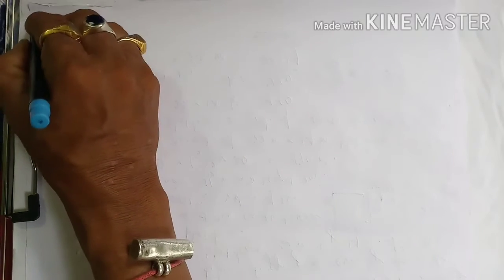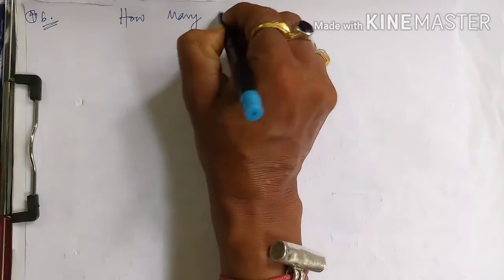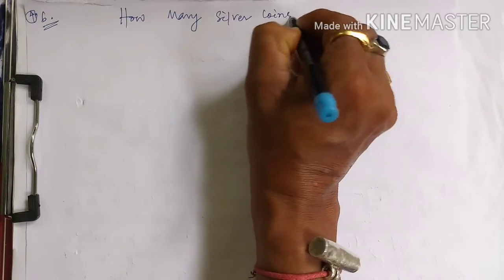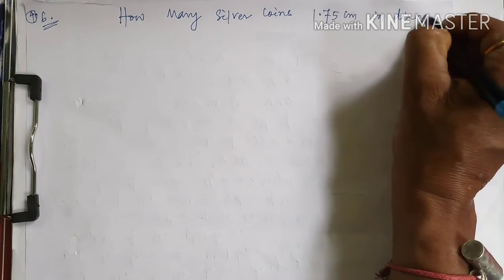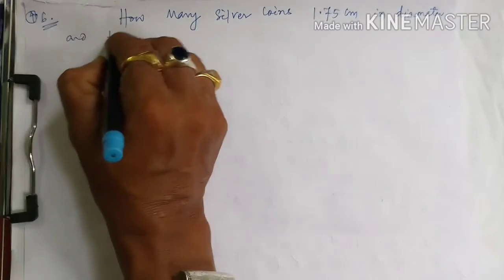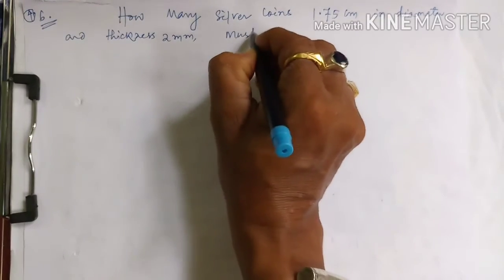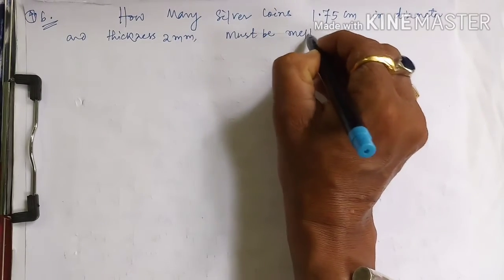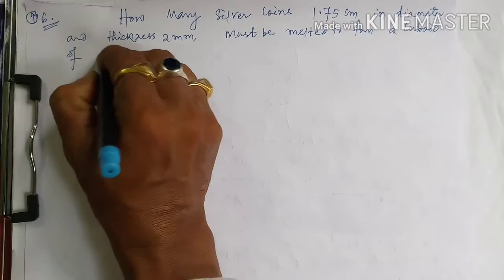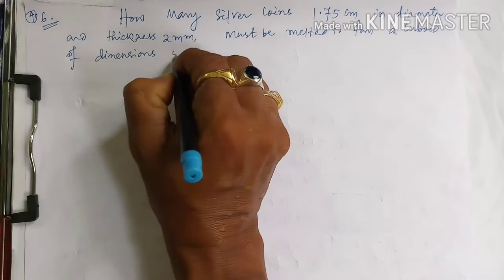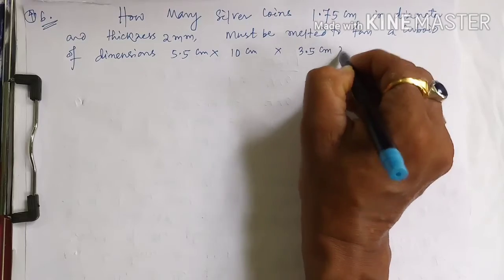That is question number 6. How many silver coins, 1.75 centimeter in diameter and thickness 2 millimeter, must be melted to form a cuboid of dimensions 5.5 centimeter into 10 centimeter into 3.5 centimeter?